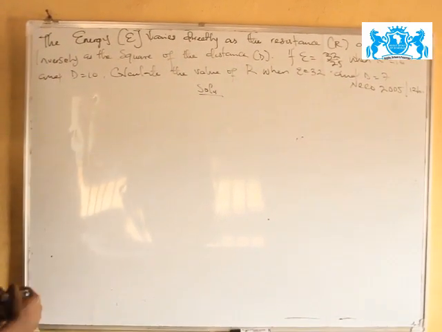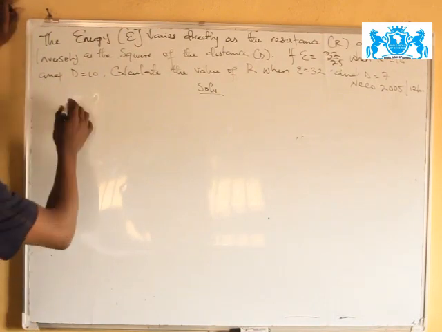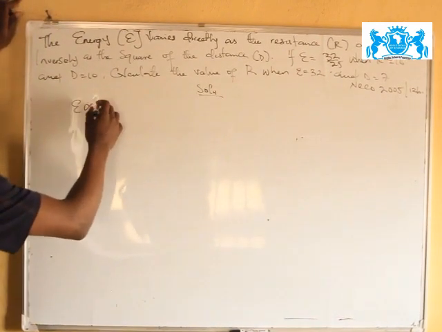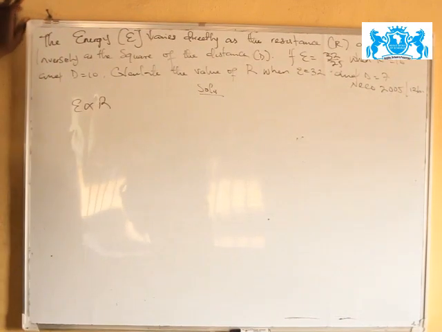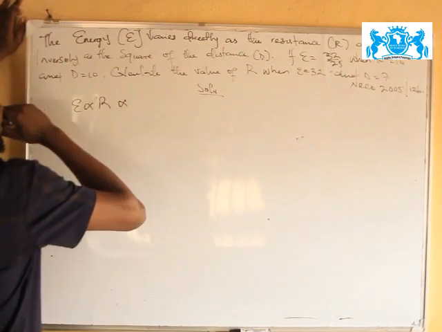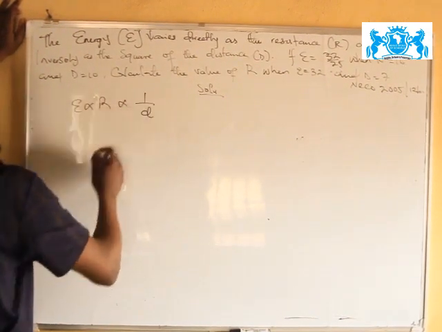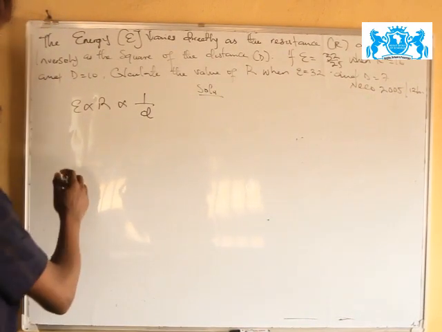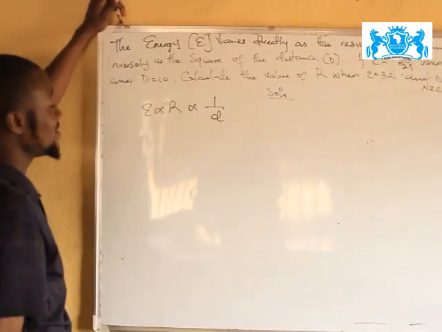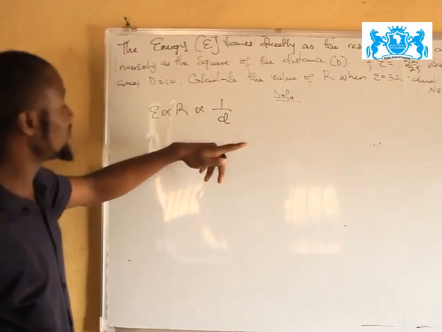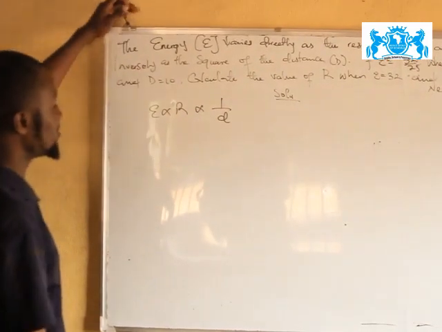Now we have: the energy varies directly as the resistance, and inversely as the square of the distance. So the energy varies directly as the resistance, and also varies inversely as the square of the distance.